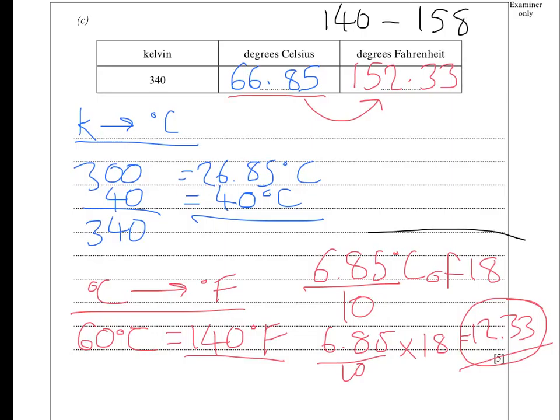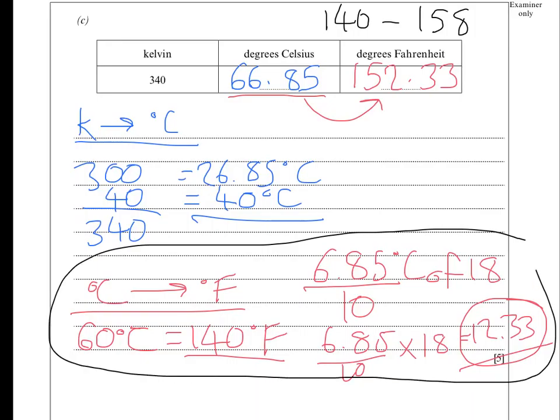So even if you weren't sure how to work out all of this, you can get 1 mark from actually looking at the table and thinking, well, 60 degrees is 140, 70 degrees is 158, so my answer has to be somewhere in the middle. So even if you weren't sure how to do it, you can make an educated guess and you still would have picked up a mark just for giving a number within that range. So it's always worth really just having a think and having an educated guess if you're not sure.